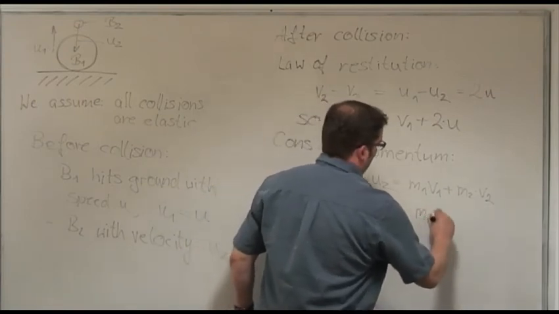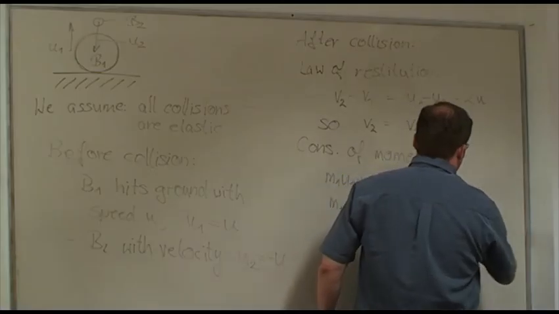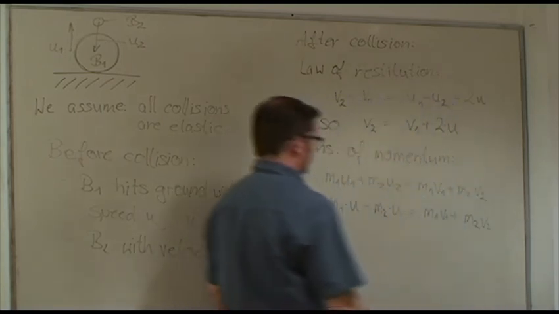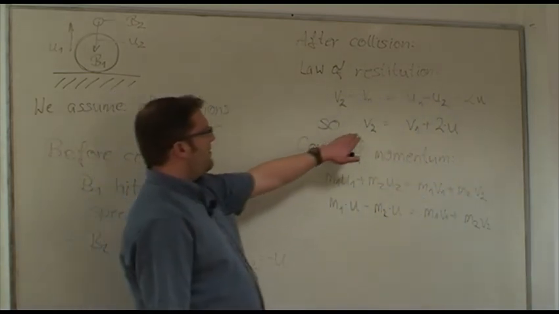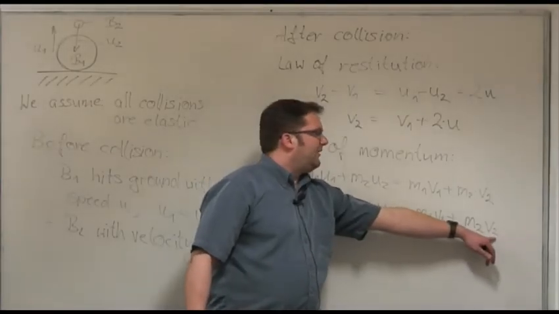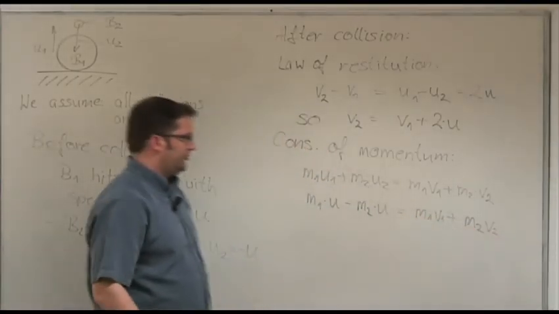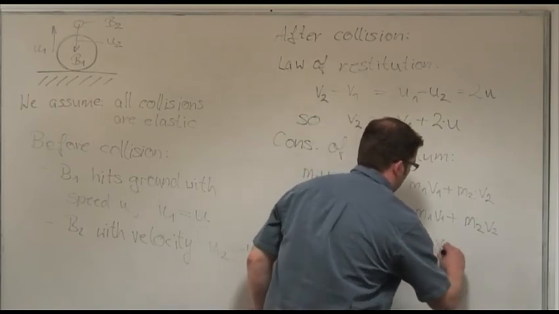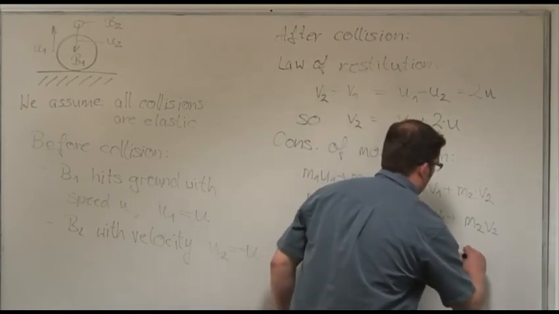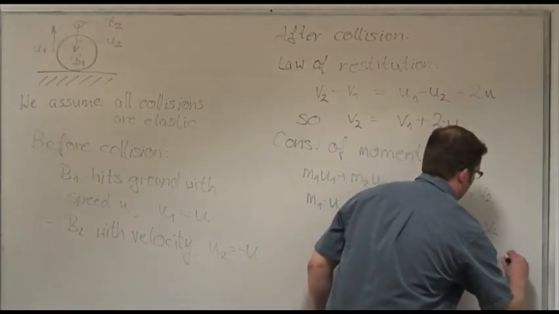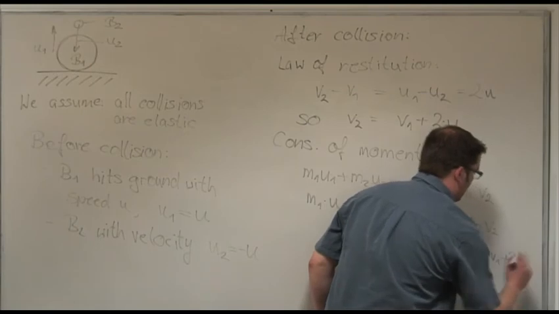And this is still m1 times v1 plus m2 times v2. And now I can use the formula up here and substitute in v1 plus 2 times u for v2. So this is m1 v1 plus m2 times v1 plus 2u.